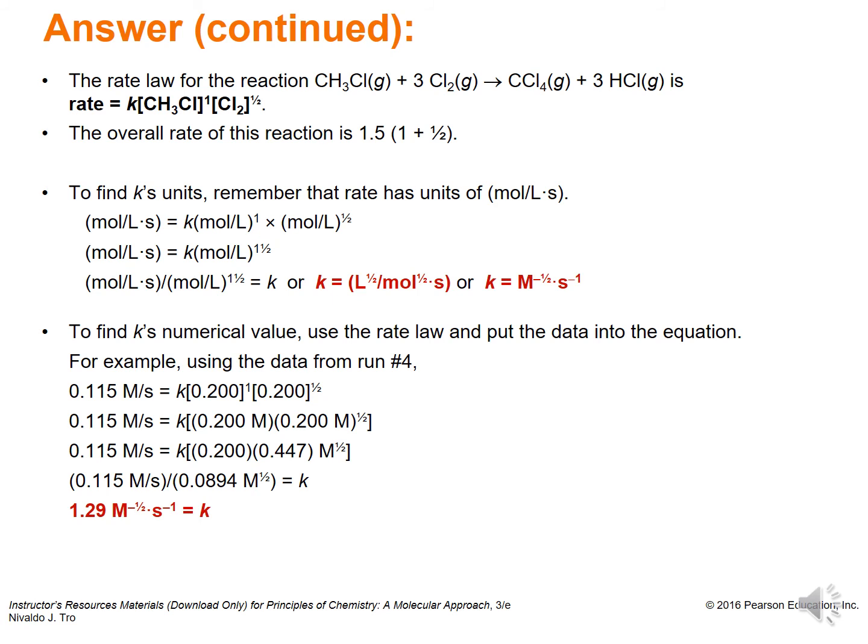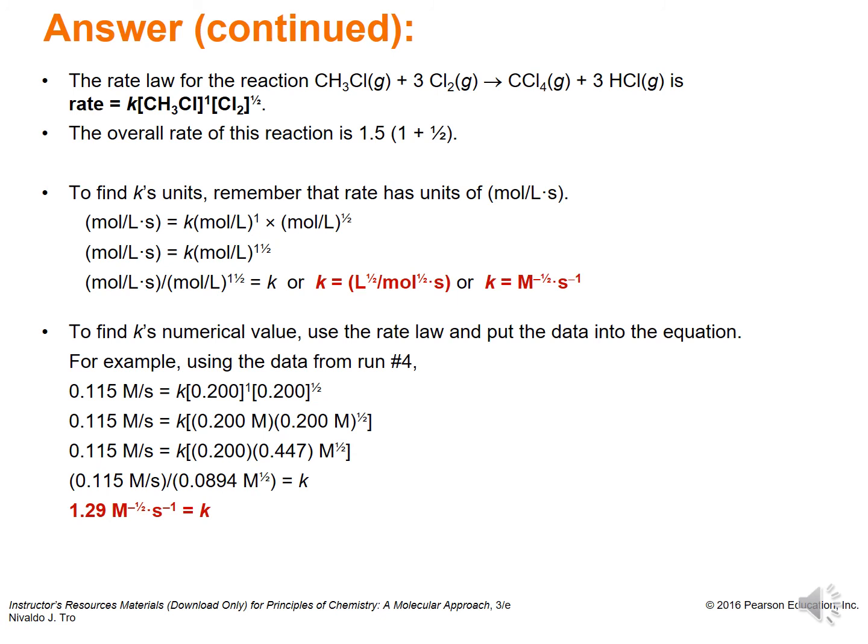If we want to find the actual numerical value of K, we could plug in any of those 4 reaction conditions, because we know what the rate is. For example, here we look at run number 4. The rate was 0.115 molar per second. That's going to equal K, which is our unknown, times the concentration of the CH3Cl, which in this case for run 4 was 0.200 molar.